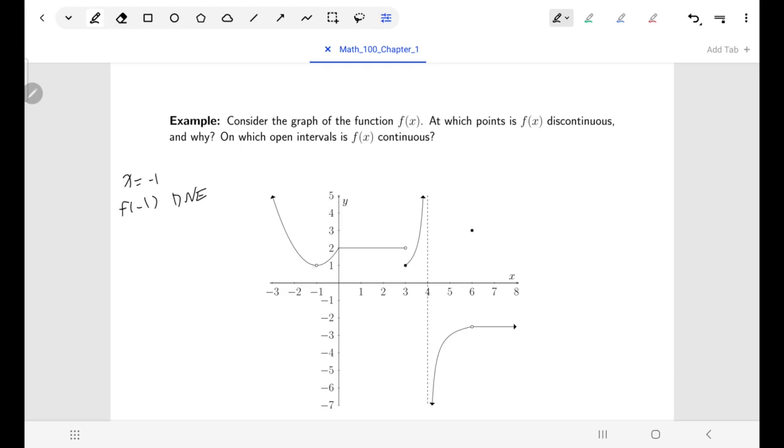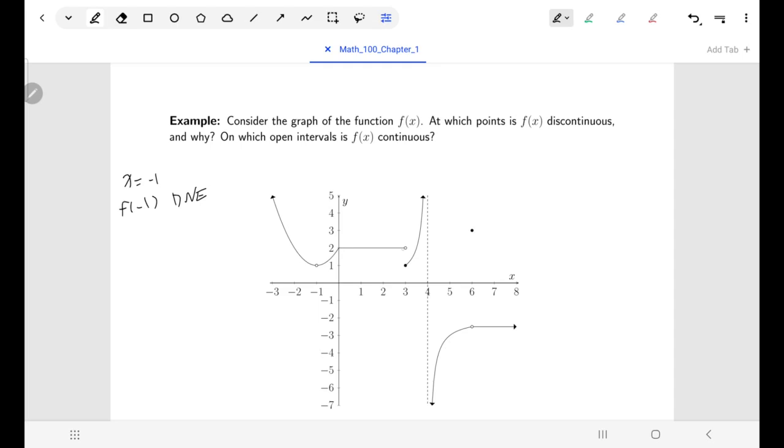There's definitely a limit happening, so we have one of the conditions met, but we're missing the first one, which is that there has to be something actually happening at -1. At 3, there is something happening, so we do have f(3). f(3) is 1, but if I look at the second condition, the limit as x goes to 3, I would say, well, there isn't one because the graph is doing two different things on either side of 3.